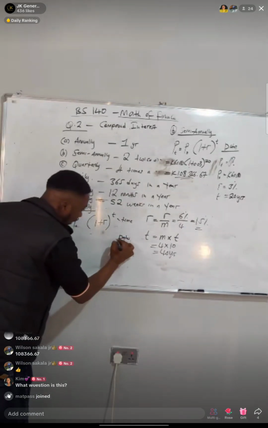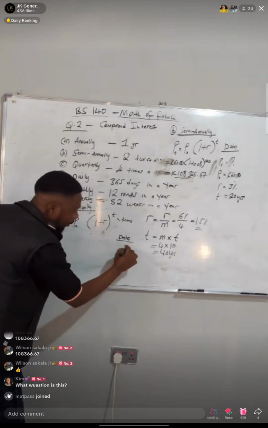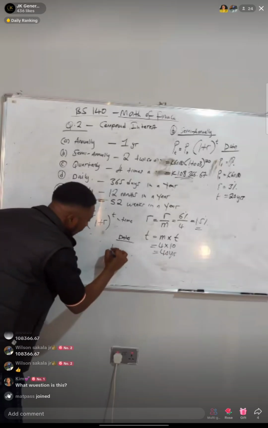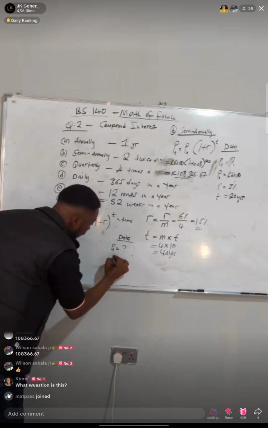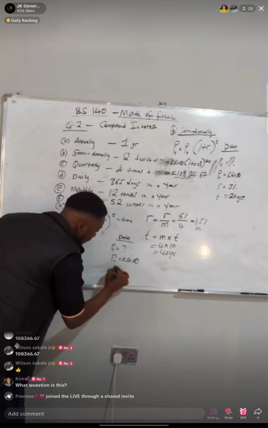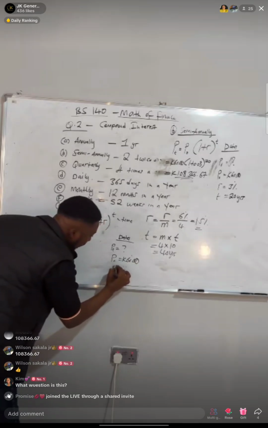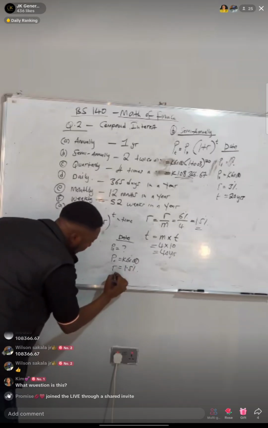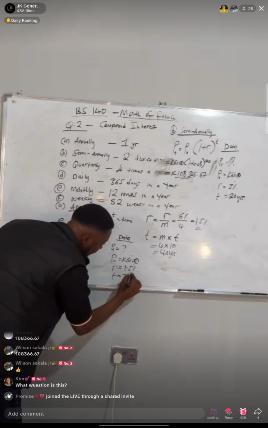So that's why I said data here, which will be our PT. We're trying to find our PT, with P0 being 60,000. Our rate we already have now, 1.5%. Our T is 40.